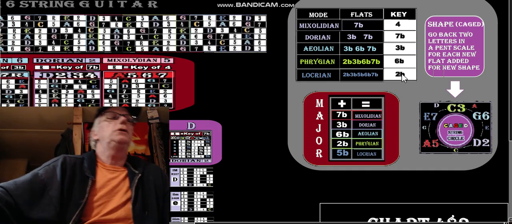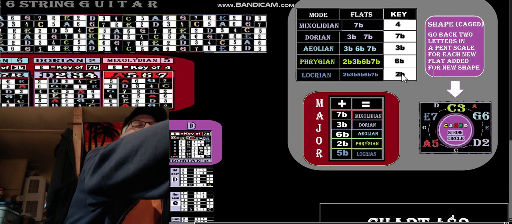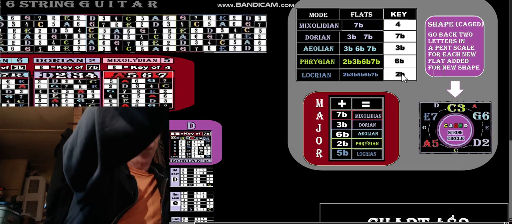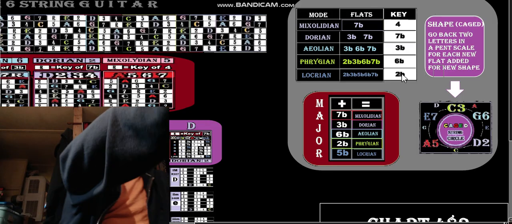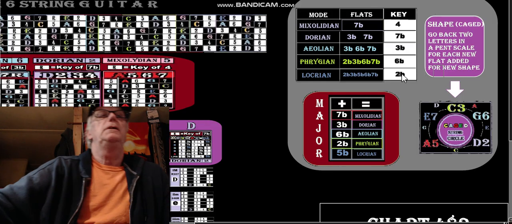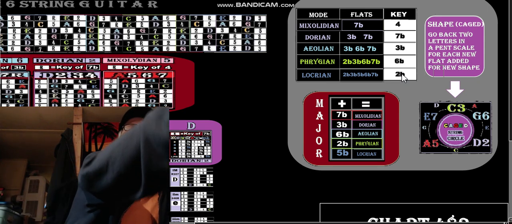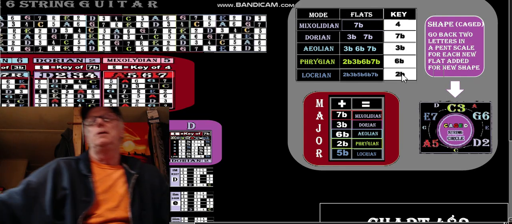So that gives you a Locrian. If you start on C and hit all the flats, you have a Locrian there, which has a dominant 7th on it. Not a major 7th as in Lydian or Ionian.